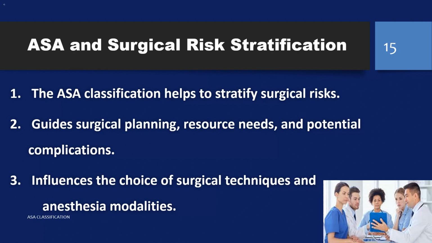Resource allocation: the ASA classification guides surgical planning and resource allocation, ensuring that high-risk patients receive adequate care. Anticipating complications: it helps healthcare providers anticipate potential complications and develop strategies to mitigate them. Influencing surgical decisions. Choice of surgical techniques: the ASA classification may influence the choice of surgical techniques, with more conservative approaches used for high-risk patients.